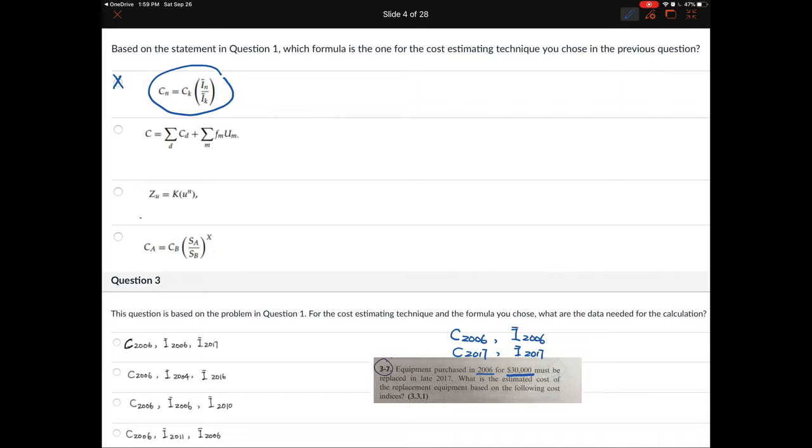Among these 4 things, this one is unknown, so it is not a given condition. In this question, the given conditions you need to use to calculate the cost in 2017 are C 2006, I bar 2006, and I bar 2017. So that's going to be this answer.